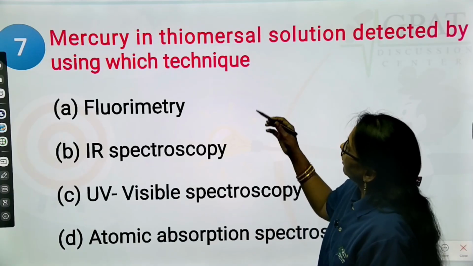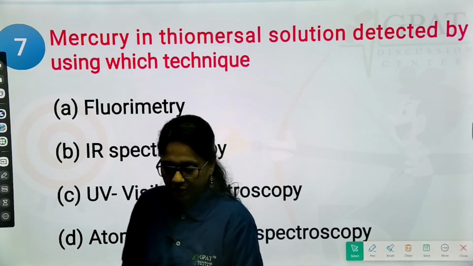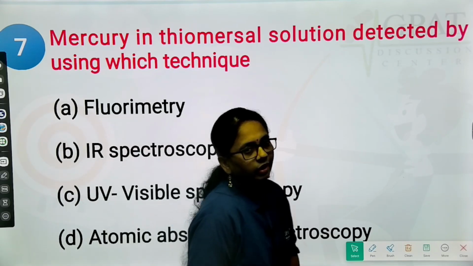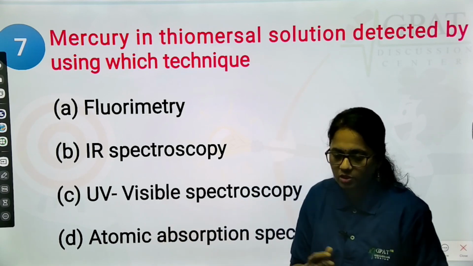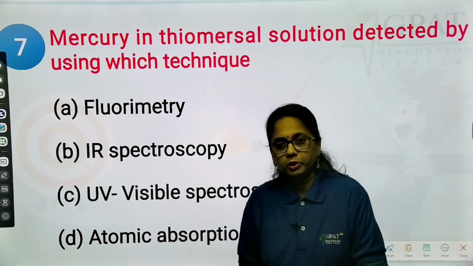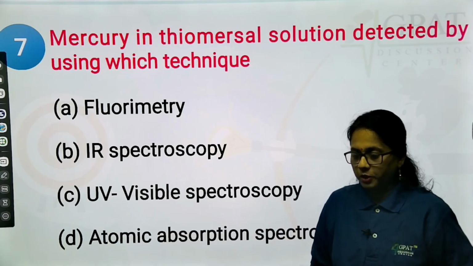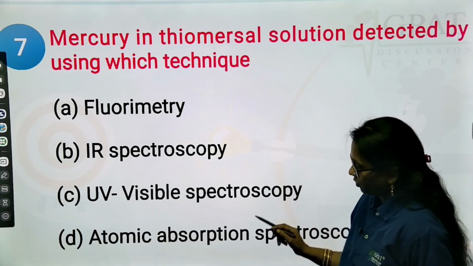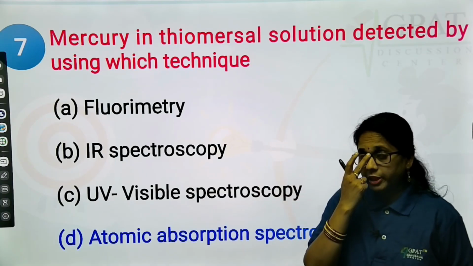So next, mercury in thiomersal, the sample solution, can be detected by which type of technique? Mercury is an element, and if we want to determine it at the atomic level, then definitely atomic spectroscopy is useful. In this case fluorimetry, IR, UV visible, all these three are estimated at the molecular level.